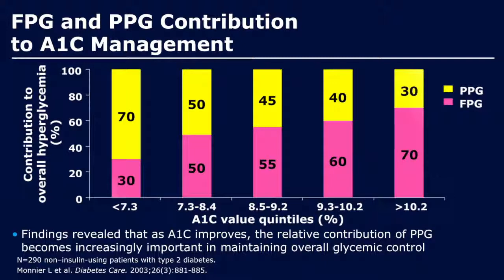Although the patients in this study were not receiving insulin, we expect a similar change when patients initiate basal insulin. As the basal insulin therapy leads to improvements in fasting plasma glucose and declines in A1C levels, we should expect that postprandial glucose makes a greater contribution to the remaining hyperglycemia. To achieve further improvements in overall glycemic control without increasing the risk of hypoglycemia, we will need to address the problem of postprandial glucose excursions.